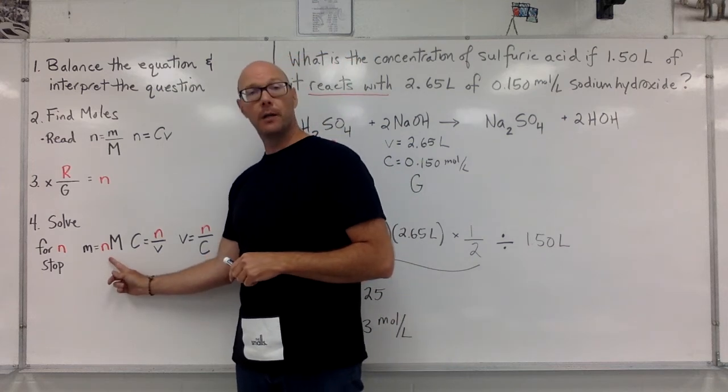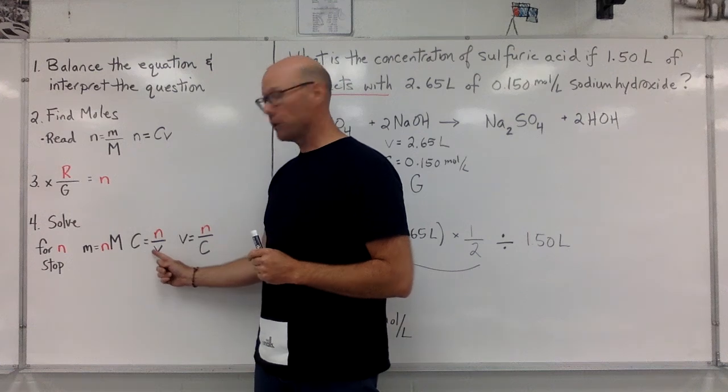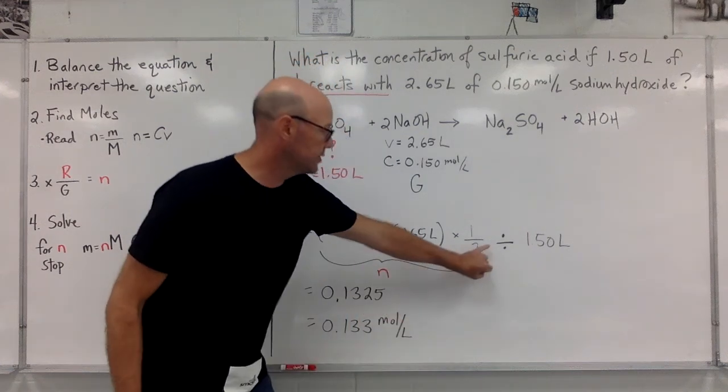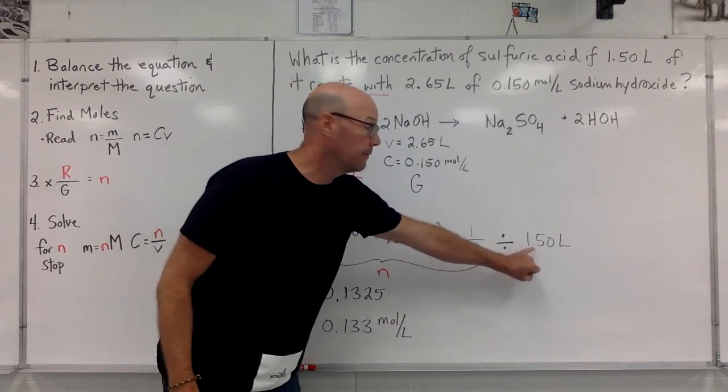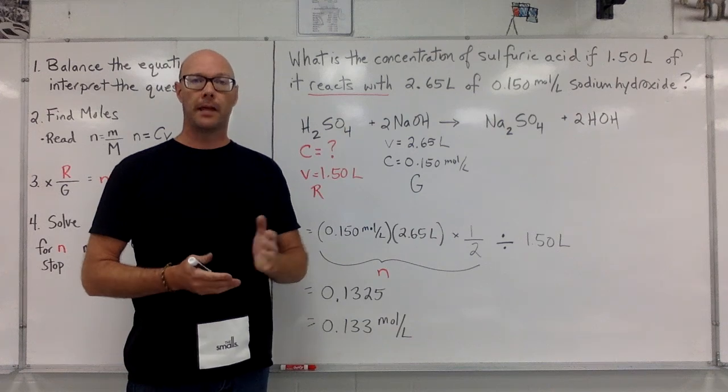Sometimes we might be multiplying by the molar mass to find the mass. Here, because we were looking for the concentration, our last step was divide by volume. So here we can see divide by that volume right there. Take your time with it, do your best, and I hope this helps.